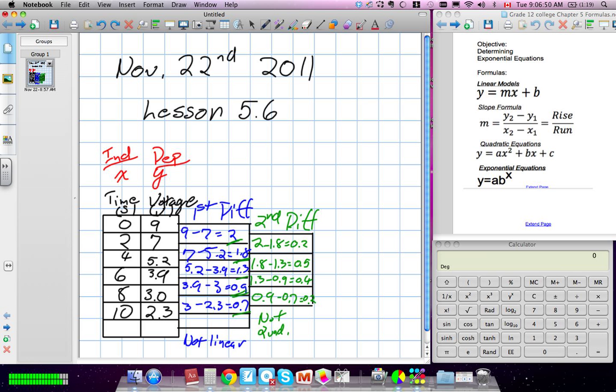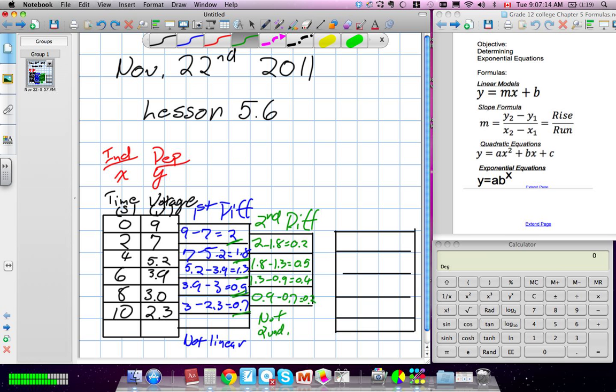So finally, the last type of regression we're going to use here is exponential. In order to find exponential, we're going to be dividing our terms by each other. First off, let's take a look at this before I decide to name this.